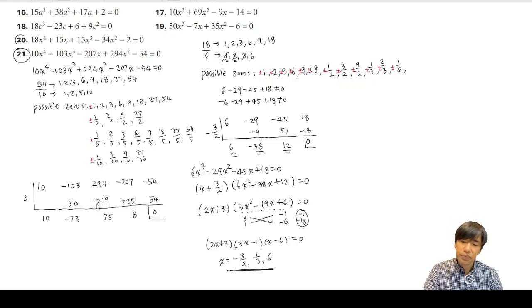Now, you're going to get a linear factor using this one, and using these numbers will get you a cubic factor. So you have to do synthetic division one more time to get this down to a quadratic factor.